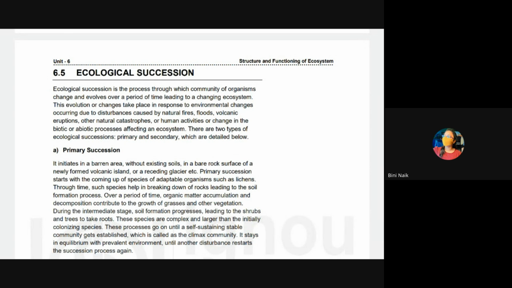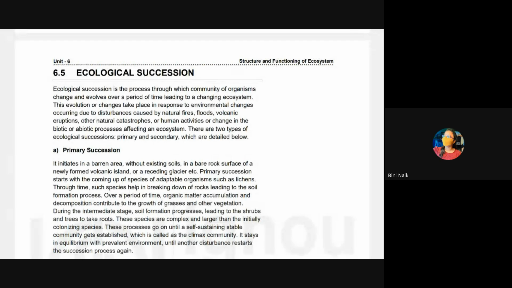Through time, what will happen? Such species help in breaking down rocks, leading to the soil formation process. When lichens break down the rocks, that leads to the formation of soil. Weathering activity may take place, and these lichens also help in speeding up the weathering activity. So the soil will be formed.